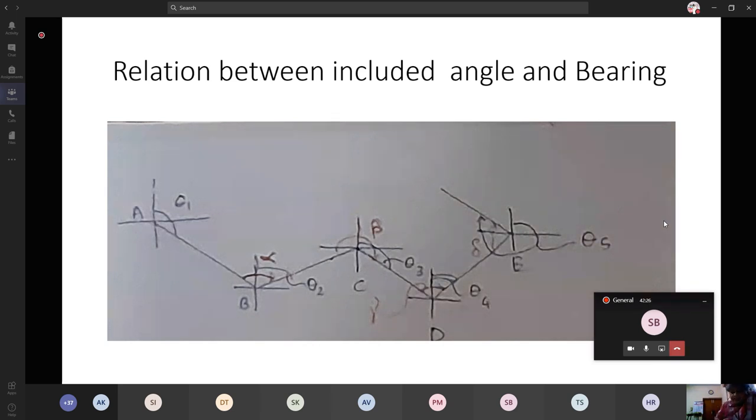This angle is beta, an angle measured in clockwise direction. So what is theta 3?